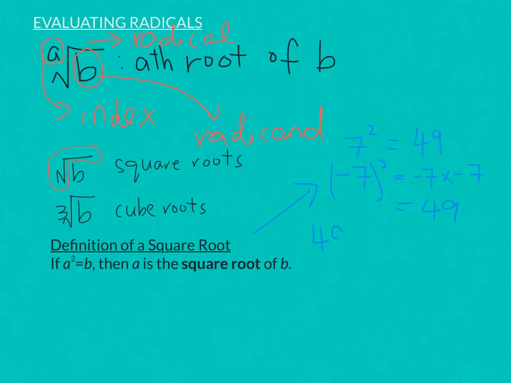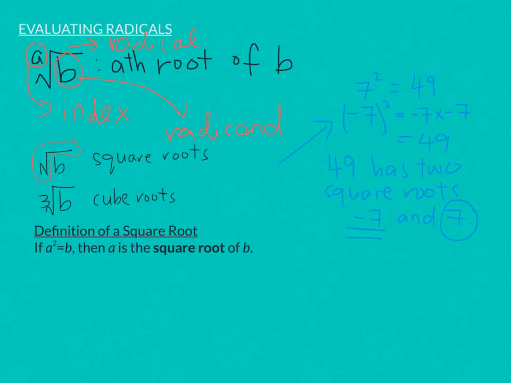So 49 has two square roots, namely negative 7 and 7. The negative square root of 49 is equal to negative 7, and the positive square root of 49 is 7. Every positive real number has two square roots, the positive square root and the negative square root, with the exception of 0, because 0 has only one square root.